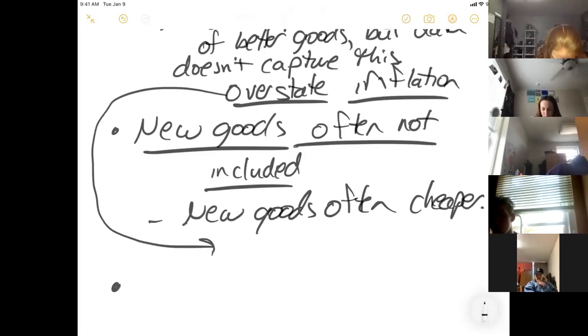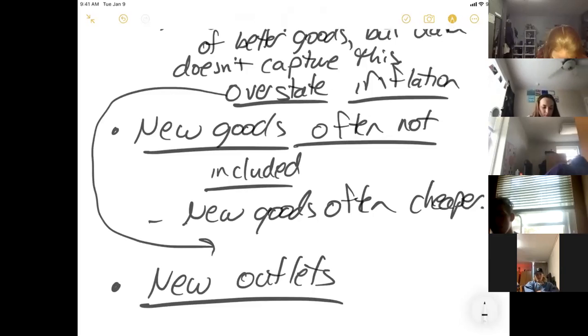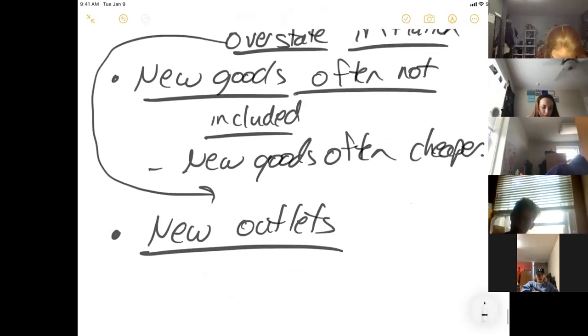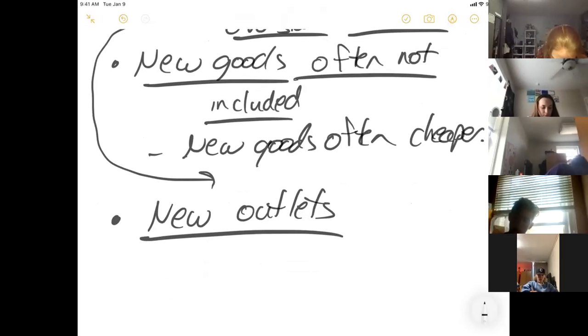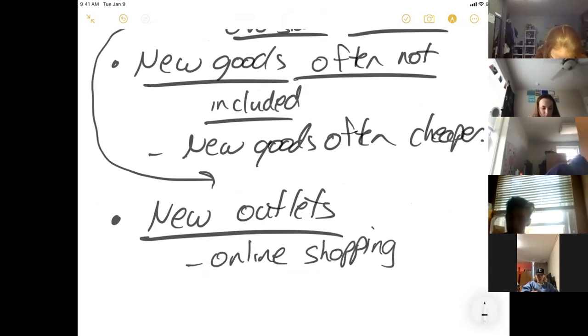And then finally, I'll just say that one of the things that the government has really had a hard time keeping track of is new outlets for people buying things, right? For things like online shopping. So I needed some new running shoes yesterday.